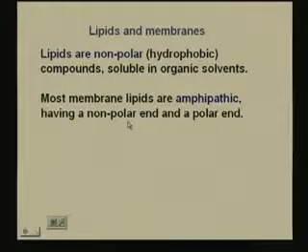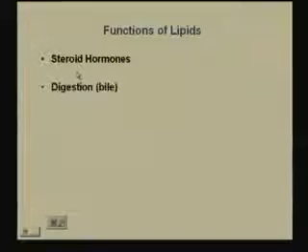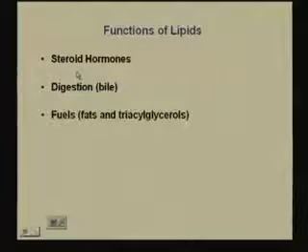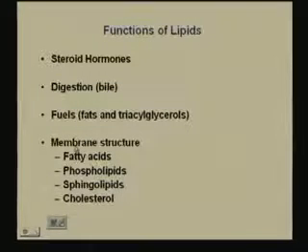Now, the non-polar end arises due to definite chemical moieties, definite groups, and the polar end again arises due to some other groups that are present. Now, if we look at the functions of lipids, they play a very important role in cells and biological cell membranes, and of course, membrane transport, which we will be doing later on. We have steroid hormones, and in digestion, fats and triacylglycerols, which give us the fuel for our bodies, and the membrane structure.